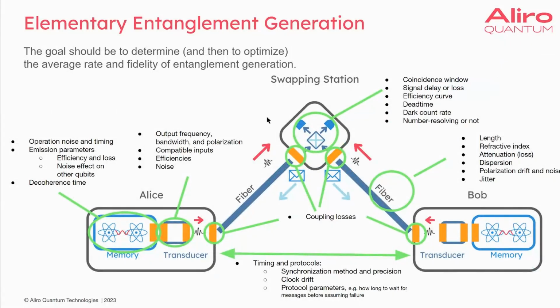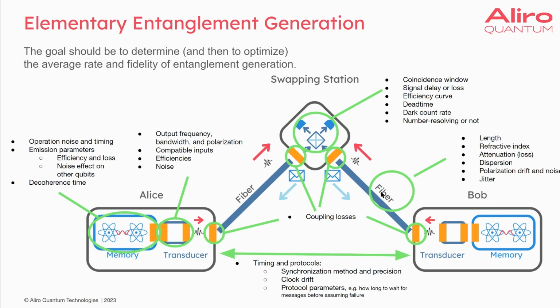There's a lot of different things that you're going to want to ultimately be modeling if you're trying to model a real world quantum network. Of course, all of the parameters in the memories that we talked about are going to be important. All of the parameters of the transducers, and these may be different between Alice and Bob, possibly.